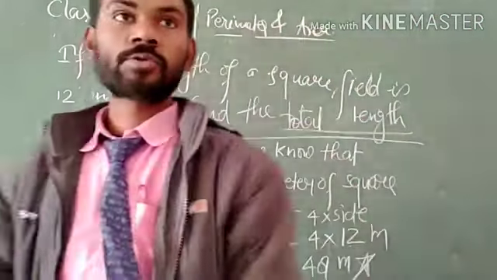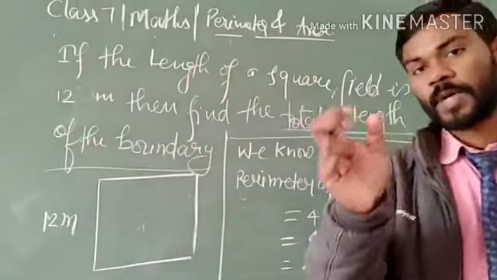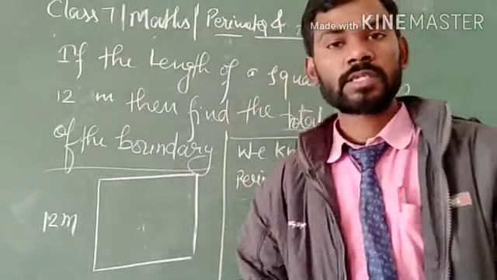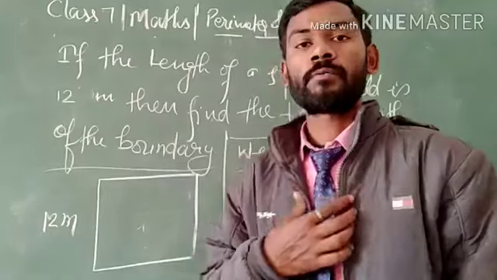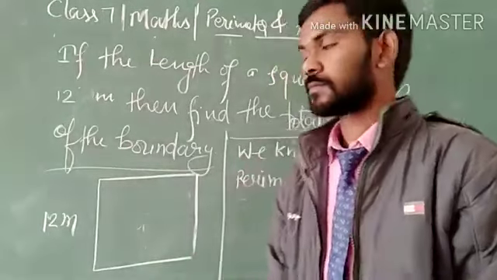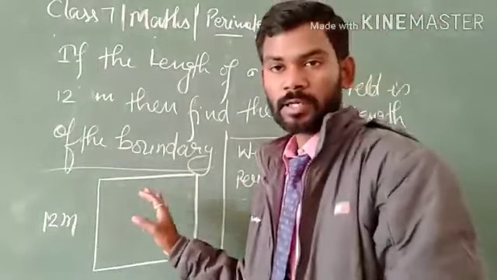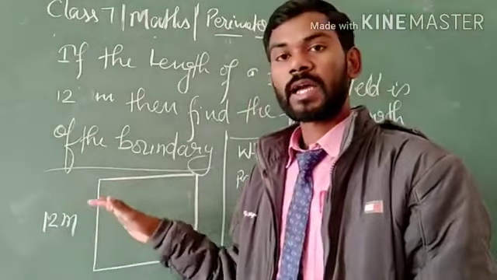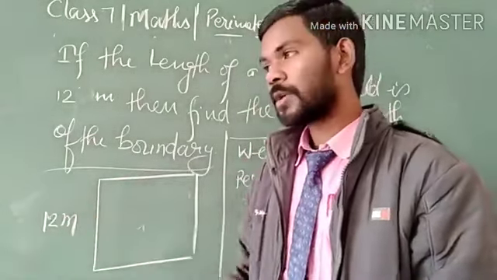As we know that the total length of the boundary is known as perimeter. Therefore, in this question, we have to find out the perimeter of square. The figure represents a square, and 12 meter is the length of side of square.